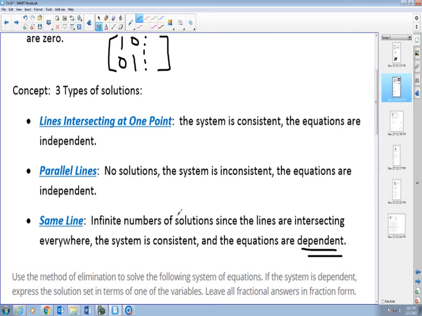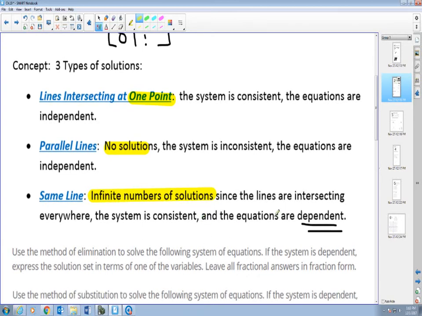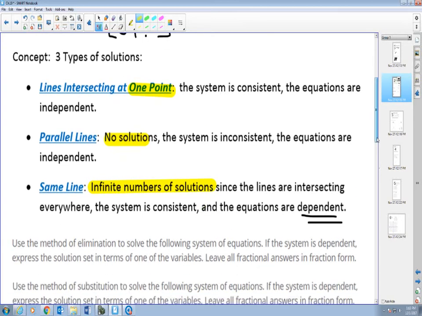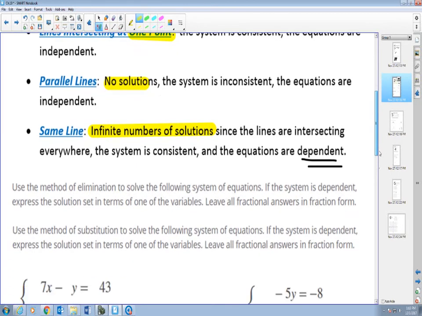The system is inconsistent, and the equations are still independent. So 3 types of answers: intersect at 1 point, no solution, or an infinite number of solutions. I will show you what they look like in a minute when we read the matrix.